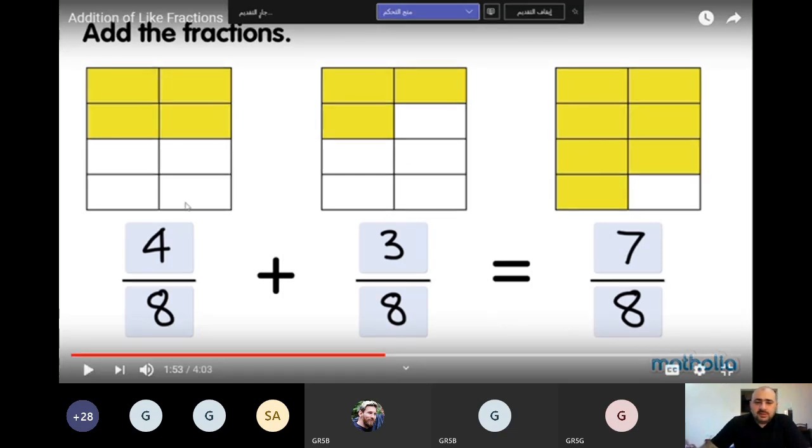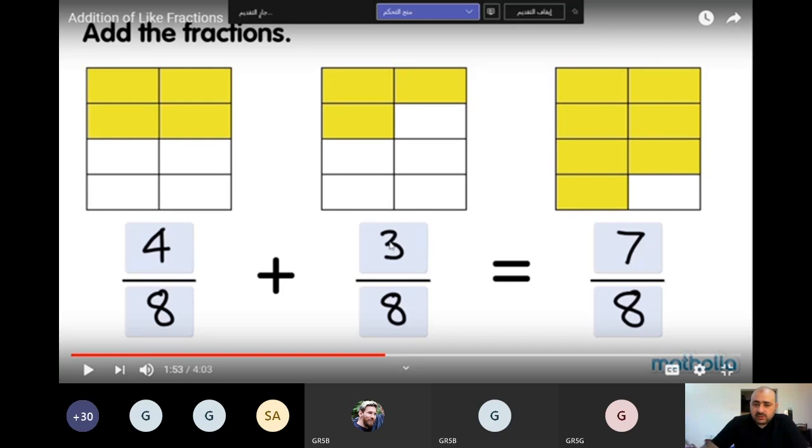Right. In this example, as you see here, we have 4 shaded parts from 8. So I can write 4, the part here 4, and the whole 8. In the second figure here, we have just 3 shaded parts from 8.